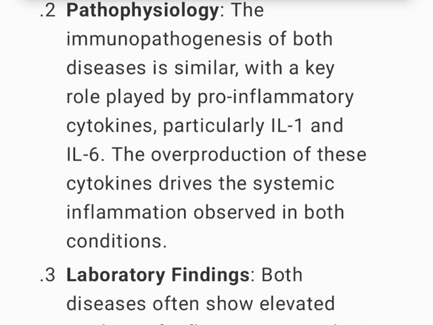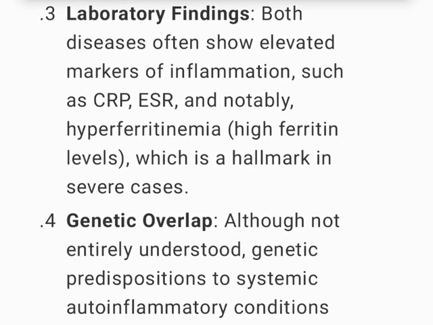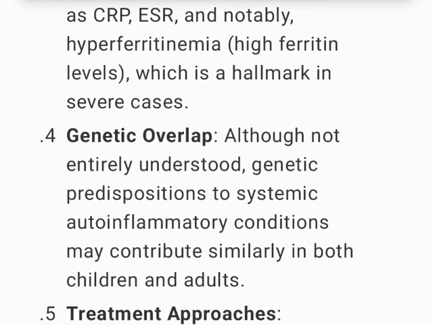The immunopathogenesis of both diseases is similar, with a key role played by pro-inflammatory cytokines, particularly IL-1 and IL-6. The overproduction of these cytokines drives the systemic inflammation observed in both conditions. 3. Laboratory findings. Both diseases often show elevated markers of inflammation, such as CRP, ESR, and notably hyperferritinemia, high ferritin levels, which is a hallmark in severe cases.